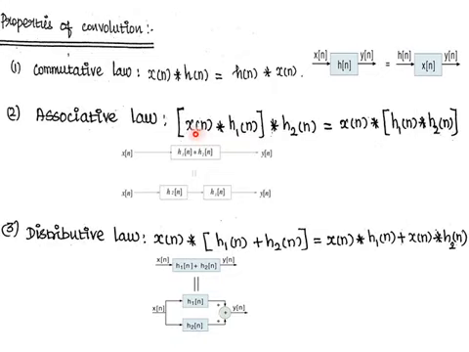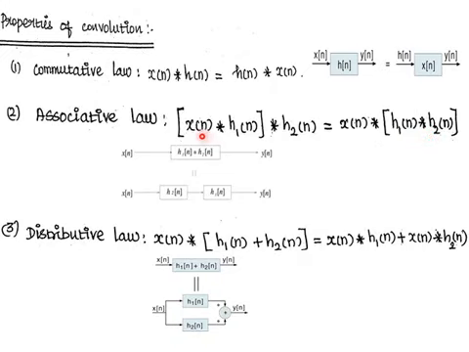So in this case, performing convolution between the input with any one of the impulse responses and then performing convolution between h2 of n and the result that is obtained from this first convolution, it will be same as that of first performing convolution between the two different impulse responses and then performing convolution of x of n with the result that is obtained from this impulse responses convolution.